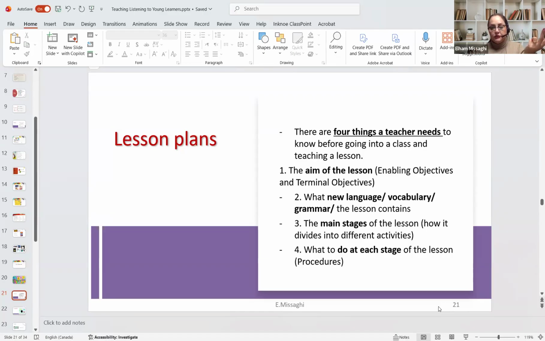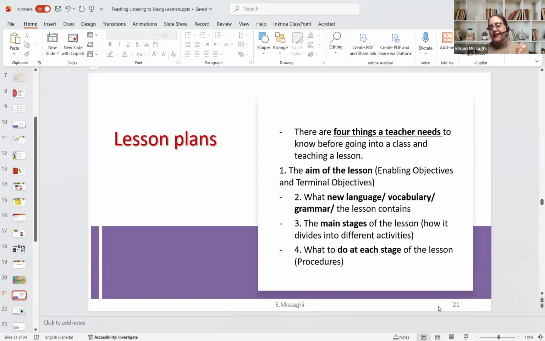What's the grammar they review? We reviewed this grammar. This part is called enabling objectives. So terminal objective is the final aim, the main aim of the lesson. Enabling objectives help the students get to that final aim.